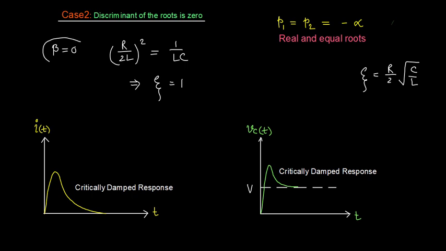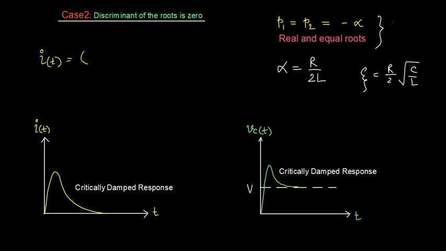Since beta equals 0, the roots are real and equal, given by only minus alpha, where alpha equals only R by 2L. For this case, the solution of the current response is in this form: (C1 plus C2 times t) multiplied by e to the power minus alpha t.